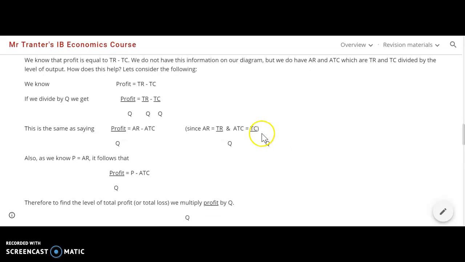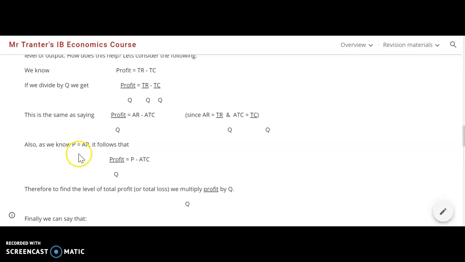We also know, therefore, that TR divided by Q is our average revenue, and TC divided by Q is our average total cost. So it's the same as saying profit divided by Q is the same as average revenue minus average total cost. We also know from what we've looked at before that price is equal to average revenue.